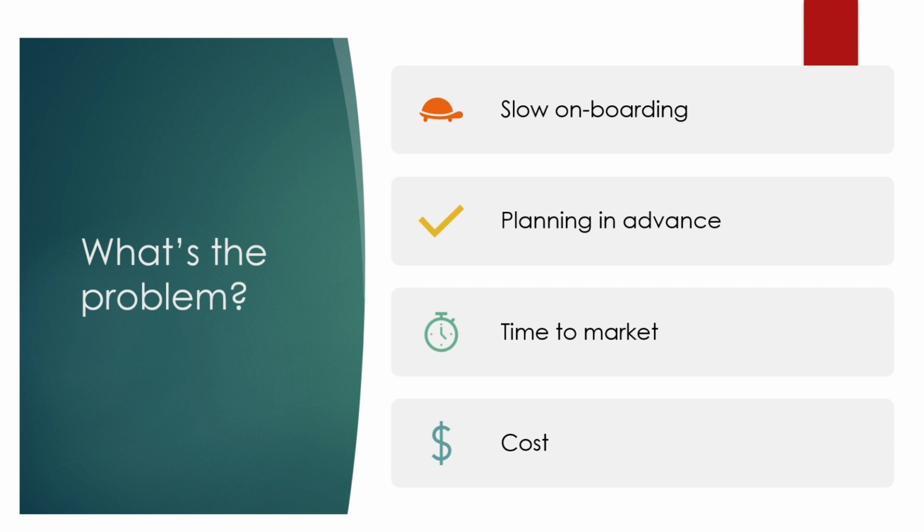Let's start with slow onboarding. What that means is, let's say an organization is planning to onboard a set of new clients. Now it's not as easy as it sounds, because a lot of effort goes in before we can onboard new clients and set up new environments. It requires a lot of analysis, a lot of agreements. We need to identify the usage patterns.